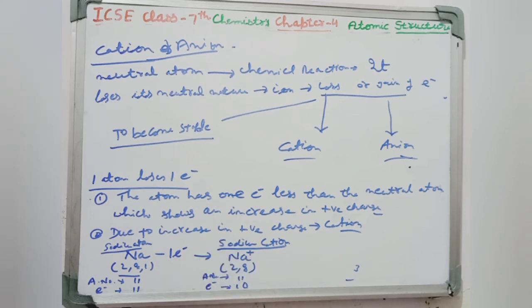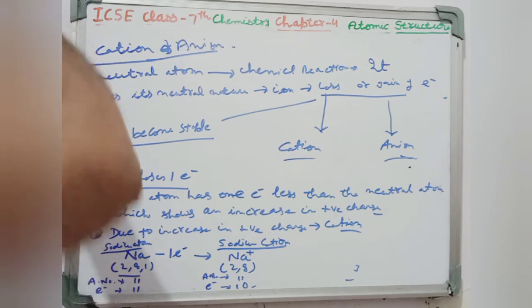This is the difference between sodium atom and sodium cation. Atomic number is the same, one electron is lost, right? Total electrons were 11, so it becomes 10. Right? It was all about losing an electron.